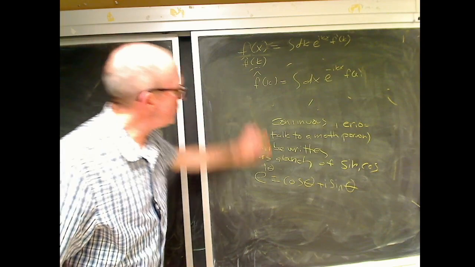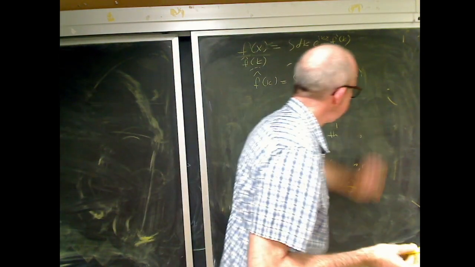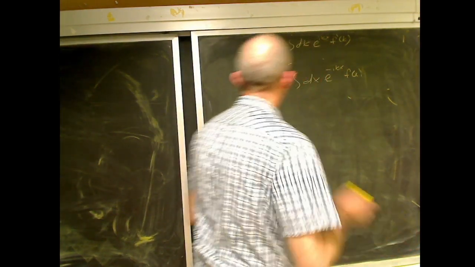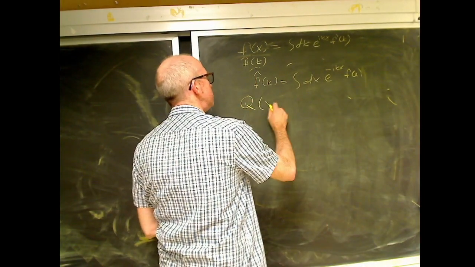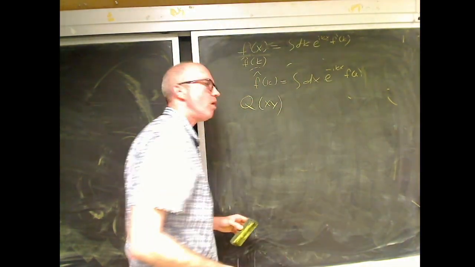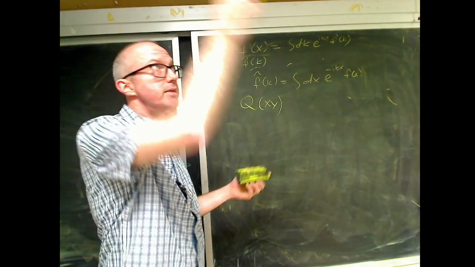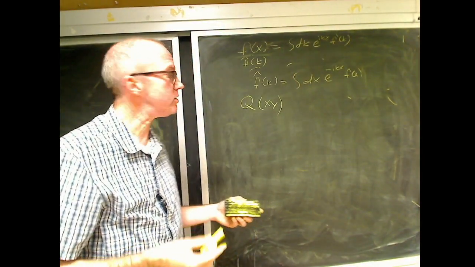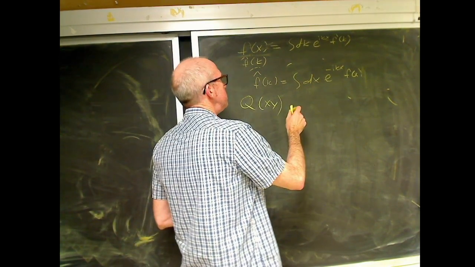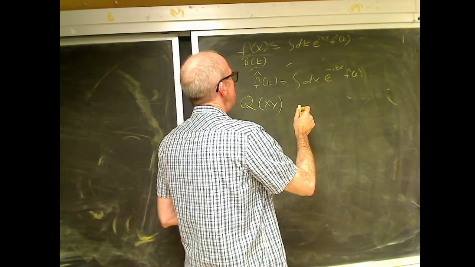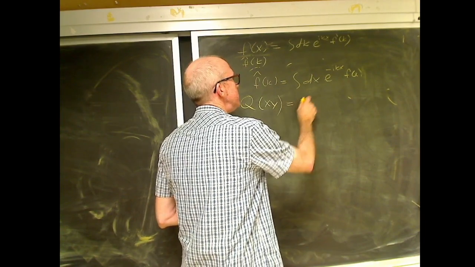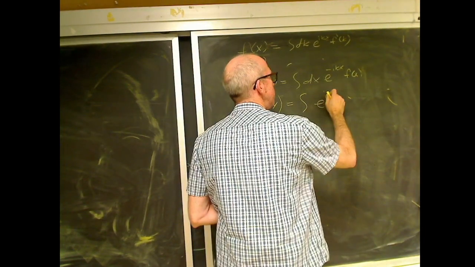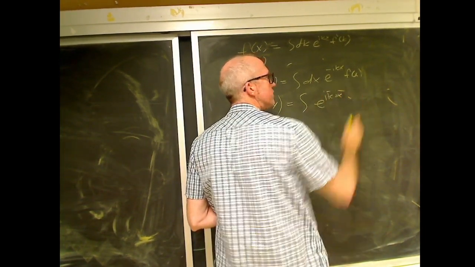So I'm going to show you a power spectrum. Now if I have some quantity Q of x and y, because the sky has two degrees of freedom, the sky is two-dimensional. This is e to the i k dot x. k and x are now both vectors.